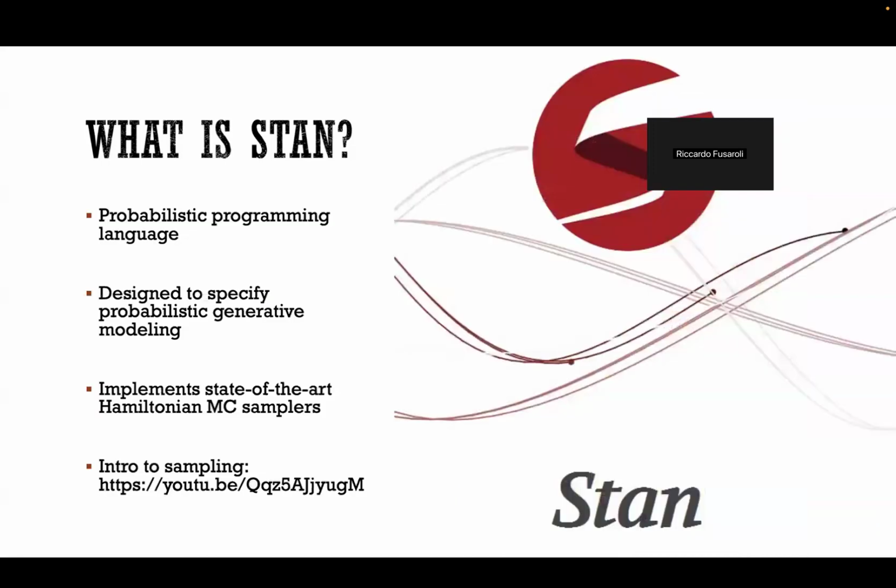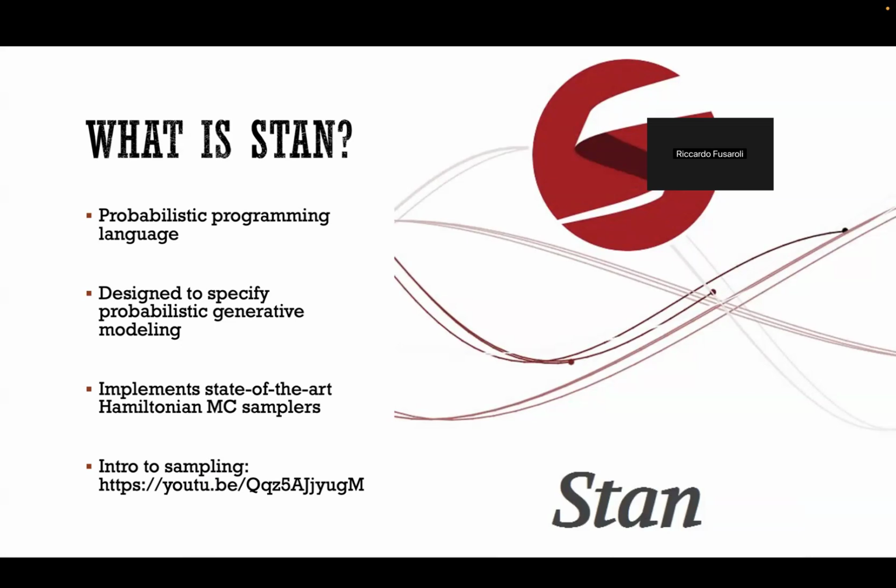It's a probabilistic programming language, which means that it's a programming language specifically designed to deal with distributions, not like R and Python, which deal with variables of other kinds. This is specifically aimed at working with distributions.